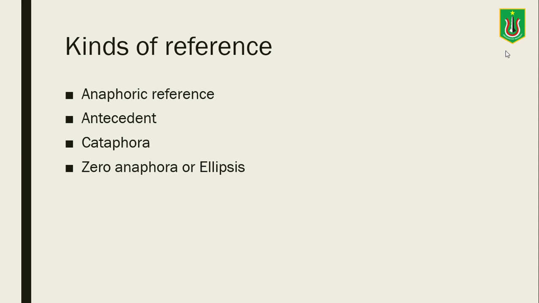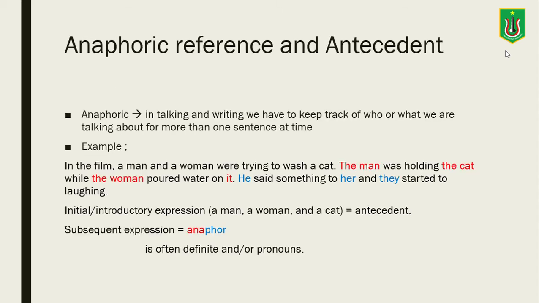These are the kinds of reference. First, anaphoric reference and antecedents, cataphora, zero anaphora or ellipsis. First, anaphoric reference and antecedent.